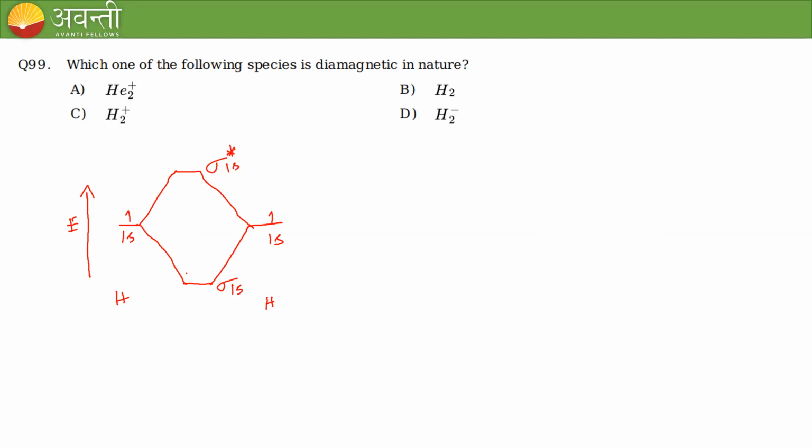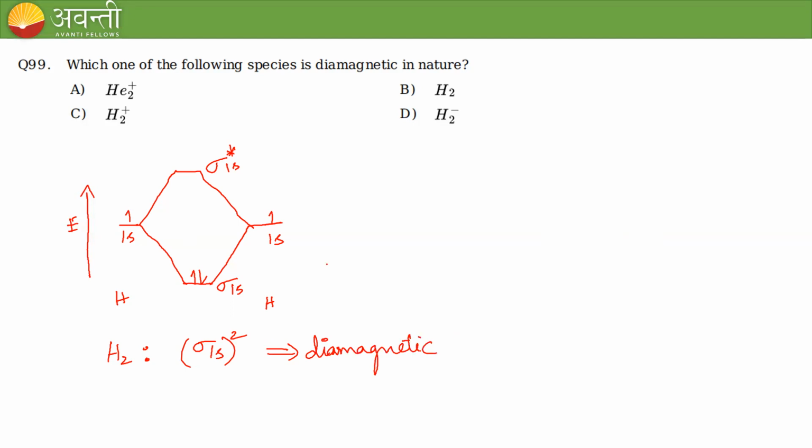So two electrons will occupy the sigma 1s orbital according to the Aufbau principle. So the electronic configuration is sigma 1s2. So two electrons are present for the hydrogen molecule, in the sigma 1s orbital, and they are paired with each other. So it is diamagnetic in nature.